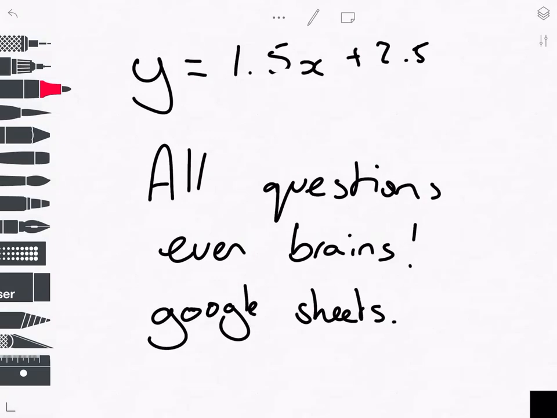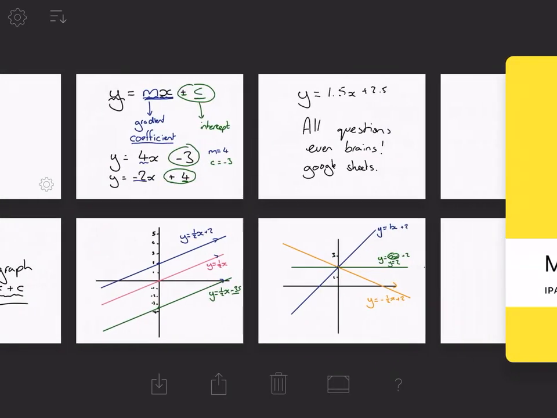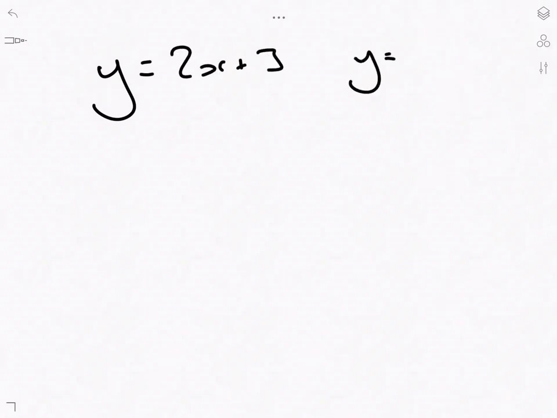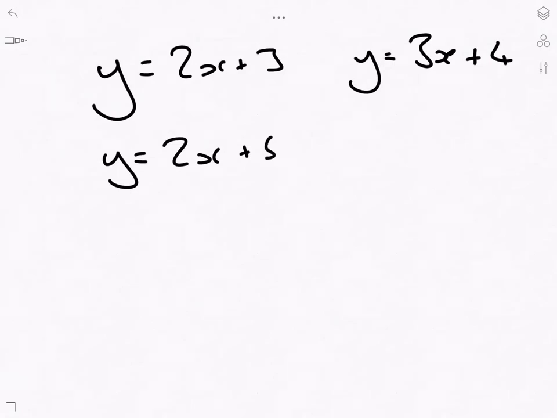Okay, let me just check. Oh, so there's one last thing. We've done this in the starters of the lessons, but it says find which line passes through these coordinates. So maybe you have y equals 2x plus 3, y equals 3x plus 4, and y equals, I don't know, 2x plus 5.